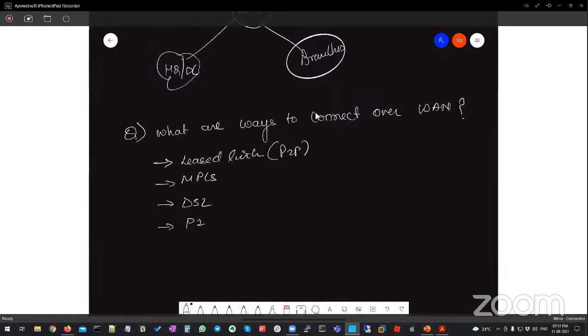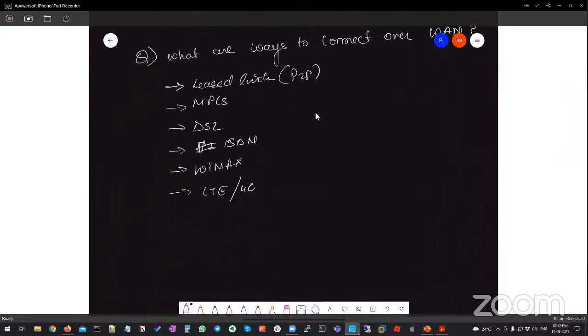And then ISDN lines. ISDN is gone nowadays, but let's write it. Then WiMAX, your LTE 4G, your satellite.